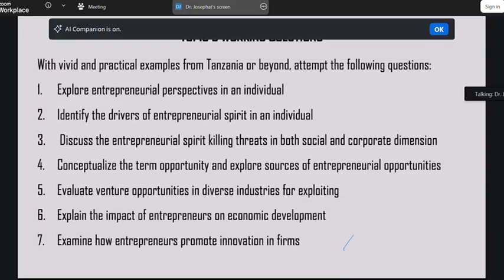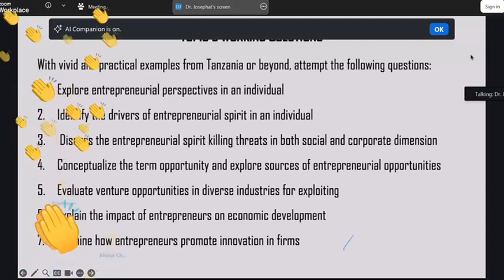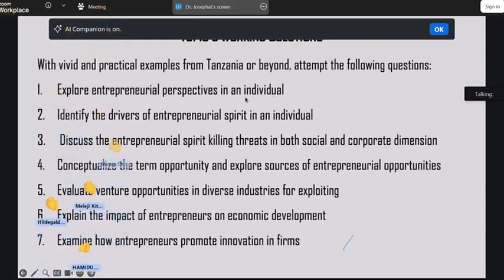I know guys, mmechoka sana. The session has been a little bit long, but we are almost at the end of our third topic. Any questions so far?